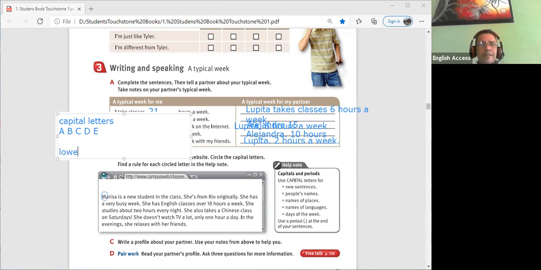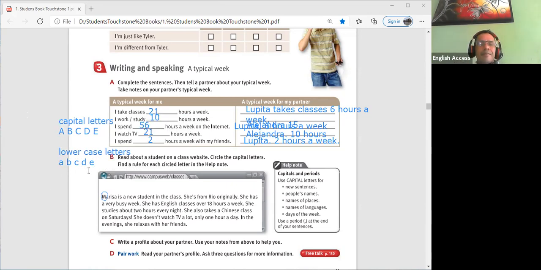And lowercase letters are like a, b, c, d, e. Check the difference. Capital letters, mayúsculas, lowercase letters, minúsculas. Right? Then you need to circle the capital letters here. So remember, after each period, this is the period.